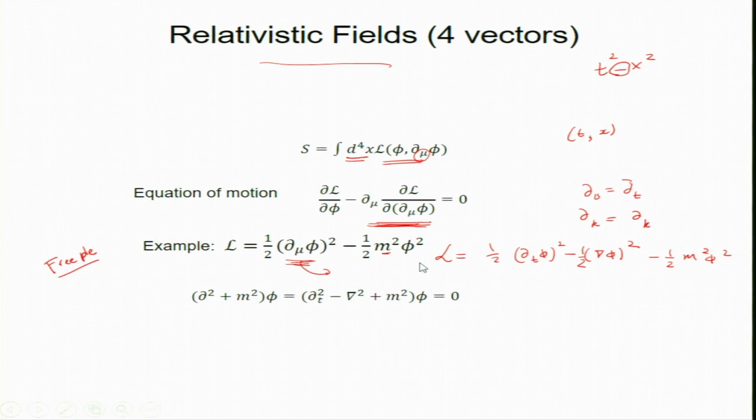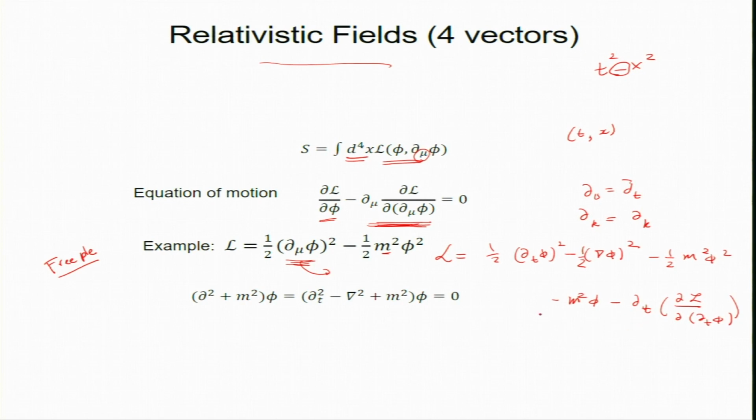I can do the same algebra. Let us do it here. If I do dL by d phi, what will I get? Minus m squared phi. Here I get d by dt of partial L partial dt phi.